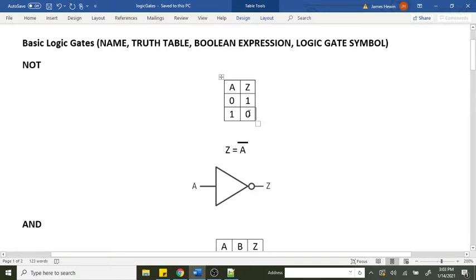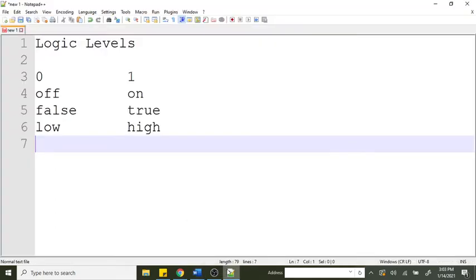And these are the logic levels. And there are some different terms you might encounter for logic levels. In this video, I will stick to using 0 and 1, logic 0, logic 1. Also, you might see off or on, false or true, low or high.